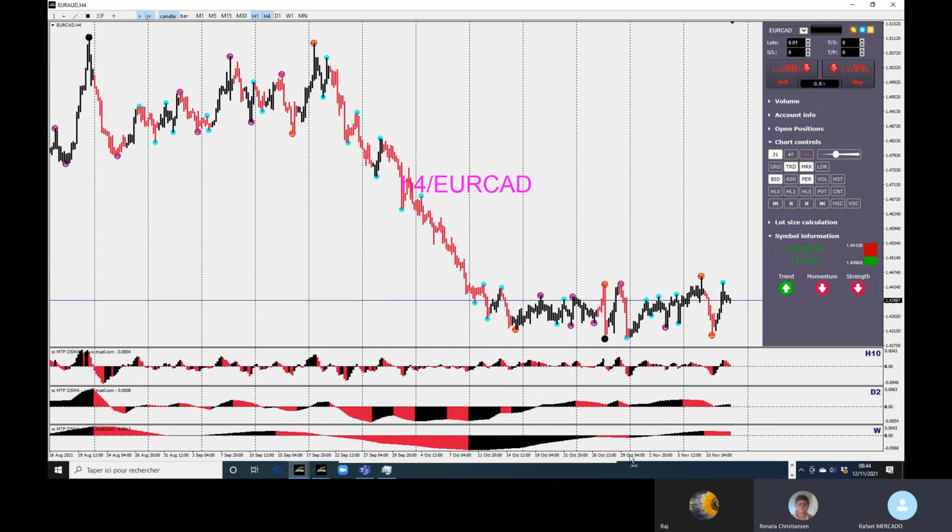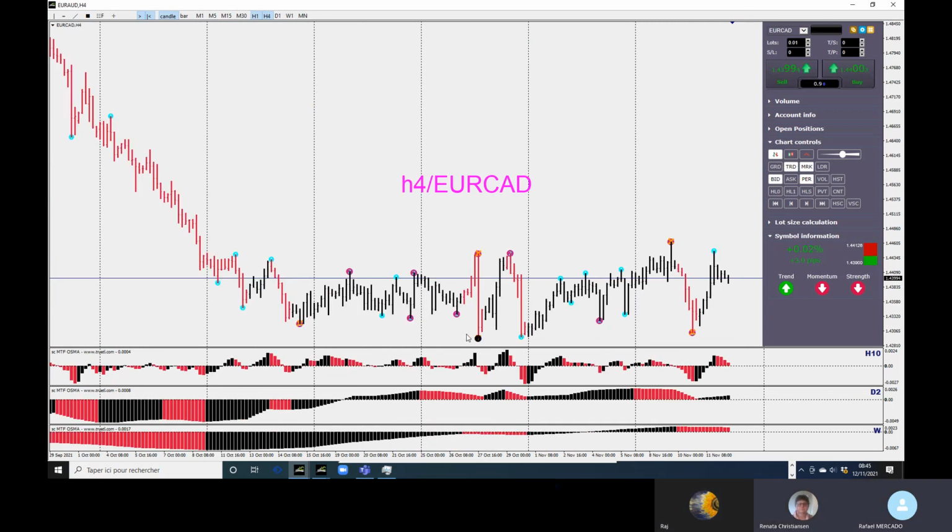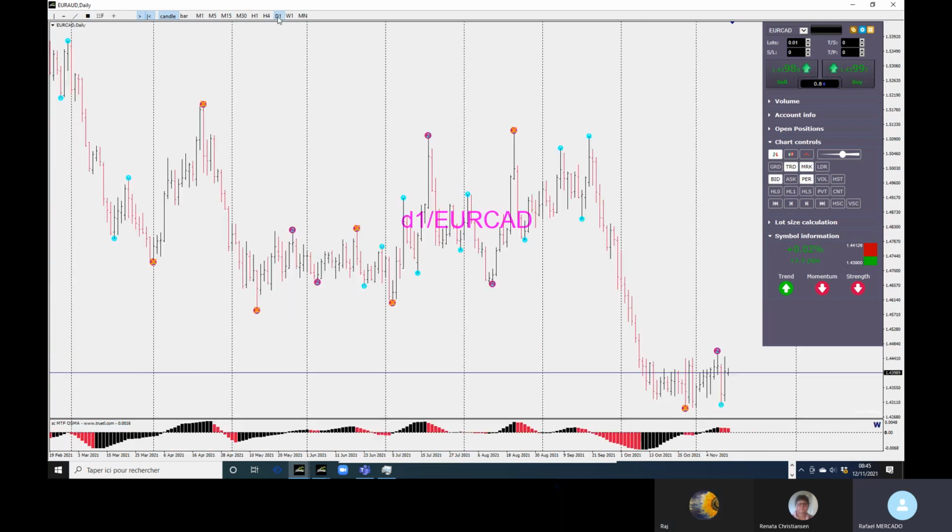Okay, so we have a weekly ball here. Let's see what kind of... So we have a blue ball and a 3 ball here. So the direction is going up, with a blue ball also confirming going up.